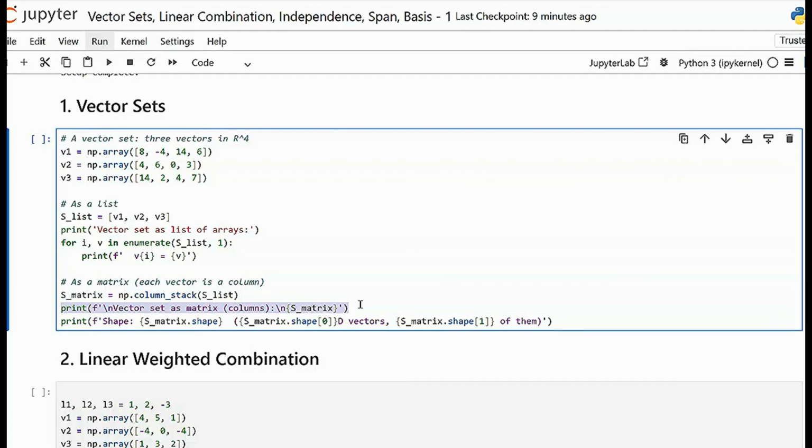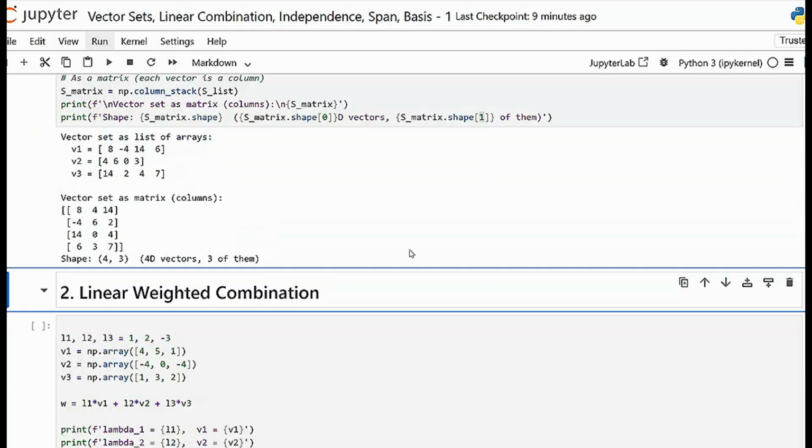So that is the matrix representation, and next it shows the shape of this matrix. Shape 0 gives 4 rows, and shape 1 gives the number of columns as 3. Let me execute it and view the output.